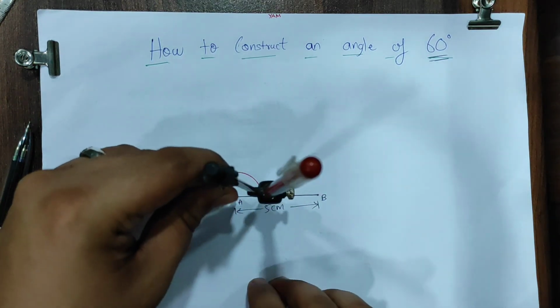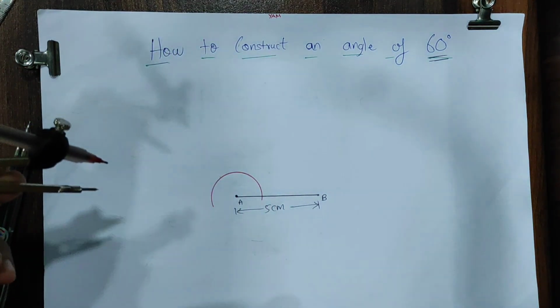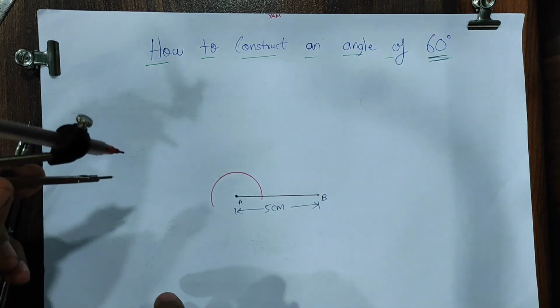Now students, with any random radius in the compass, I have drawn a semicircle.